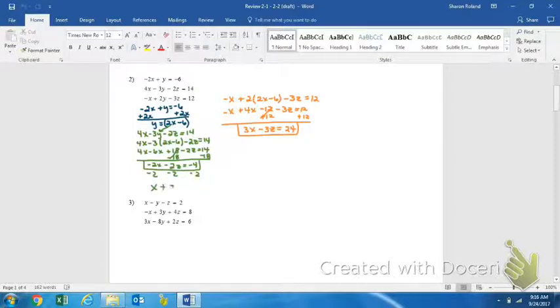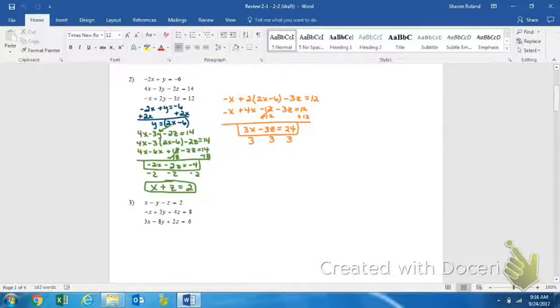So it's x plus z equals 2. And there's one equation reduced. I'm going to do the same thing over here, except I'm dividing every term by 3.